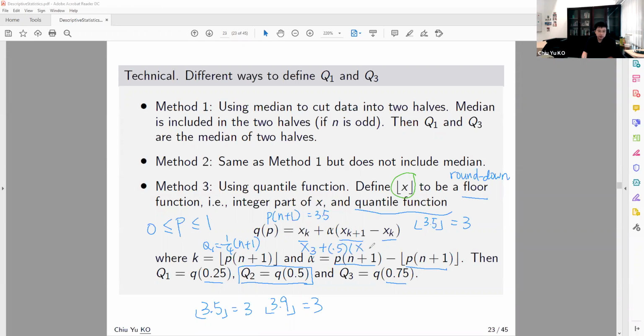Then you will have x4 minus x3. So this formula looks a little bit crazy, and you may not notice why that's the case. Suppose this is x3, this is x4, and now it's 3.5. How do you calculate x 3.5 here? That is actually the Q1.